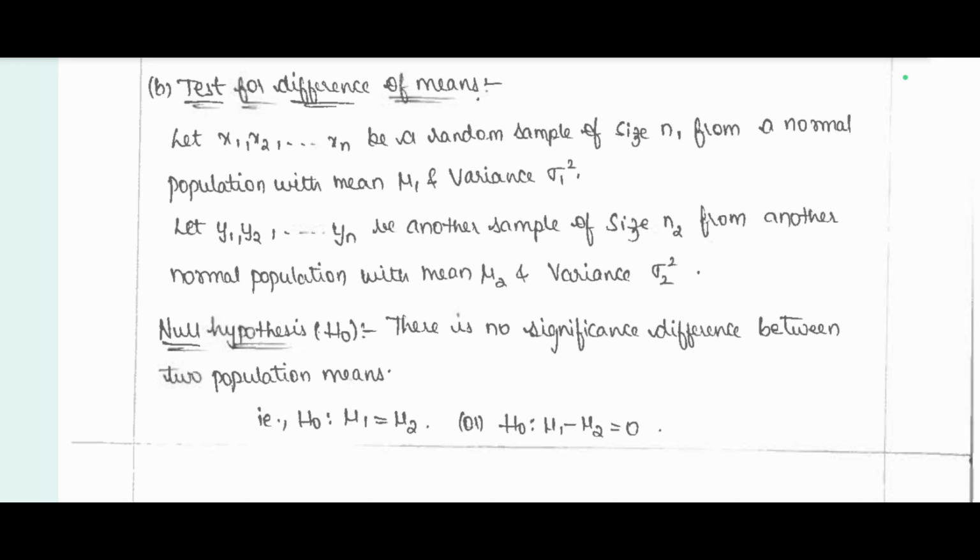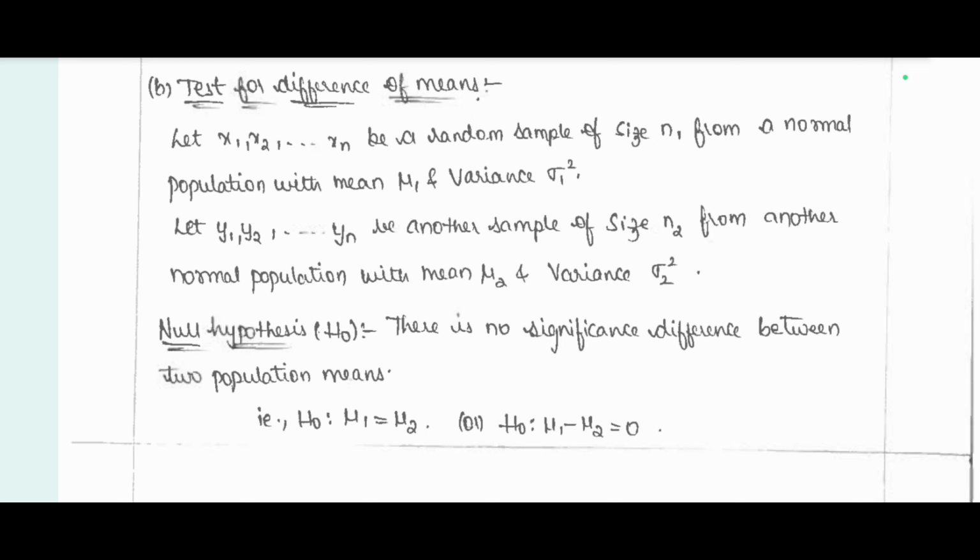Okay, let's see test for differences of means. Let x1, x2 and so on xn be a random sample of size n1 from a normal population with mean mu1 and variance sigma 1 square. Let y1, y2, y3 and so on yn be another sample of size n2 from another normal population with mean mu2 and variance sigma 2 square.